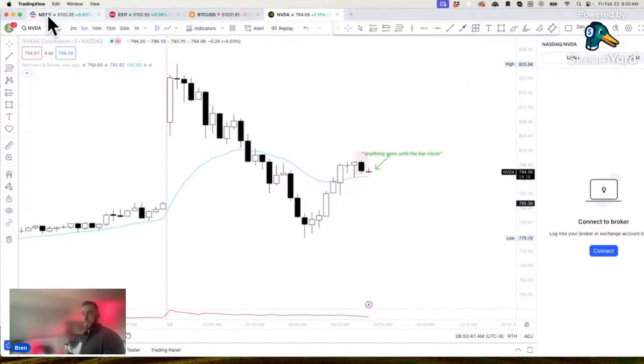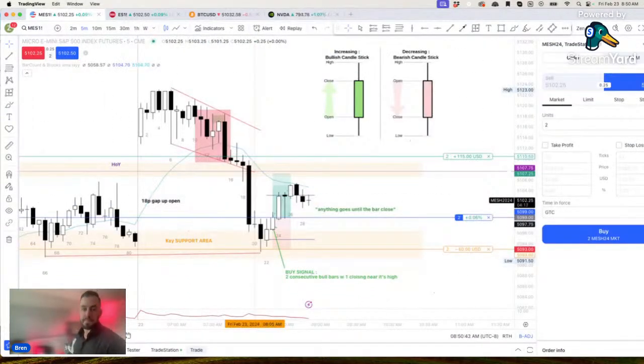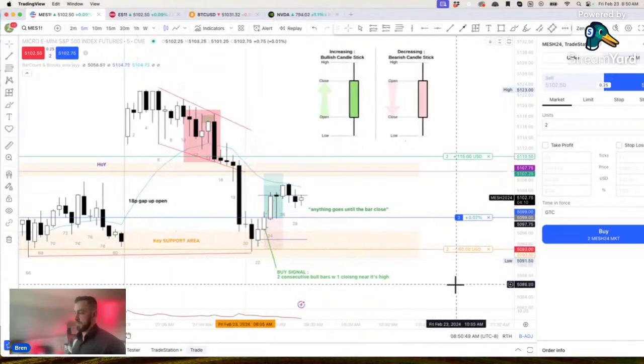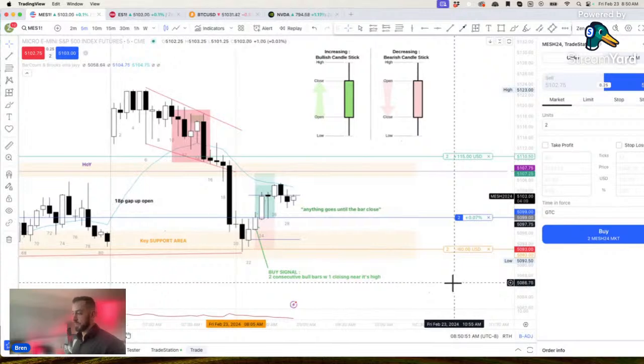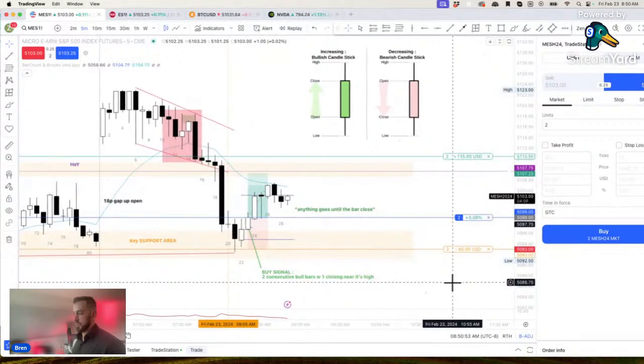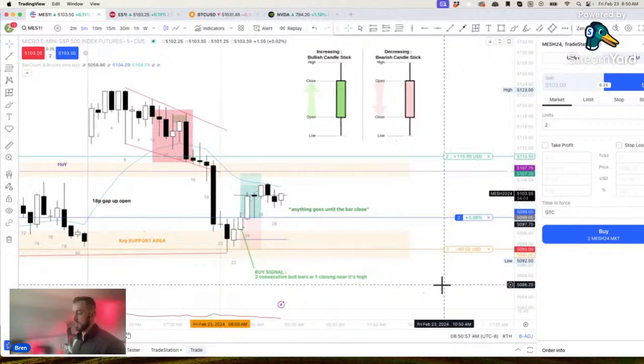That's a 5-minute chart. This is what we want to see.